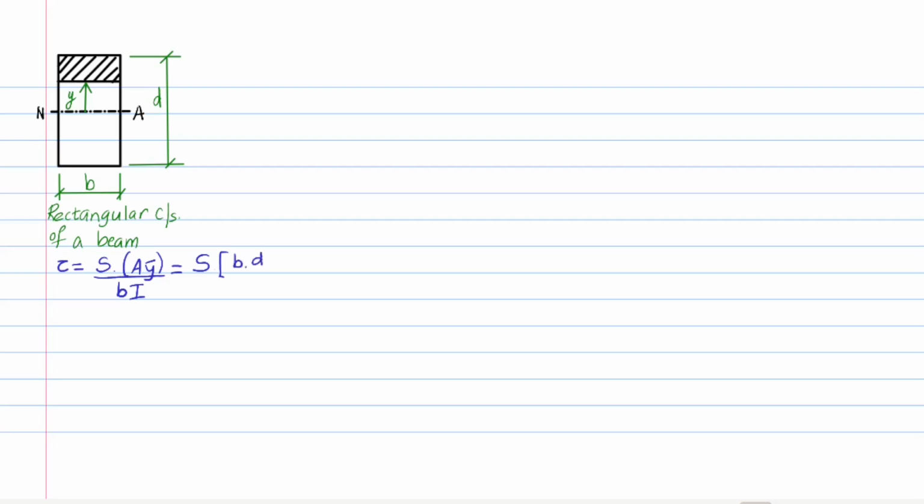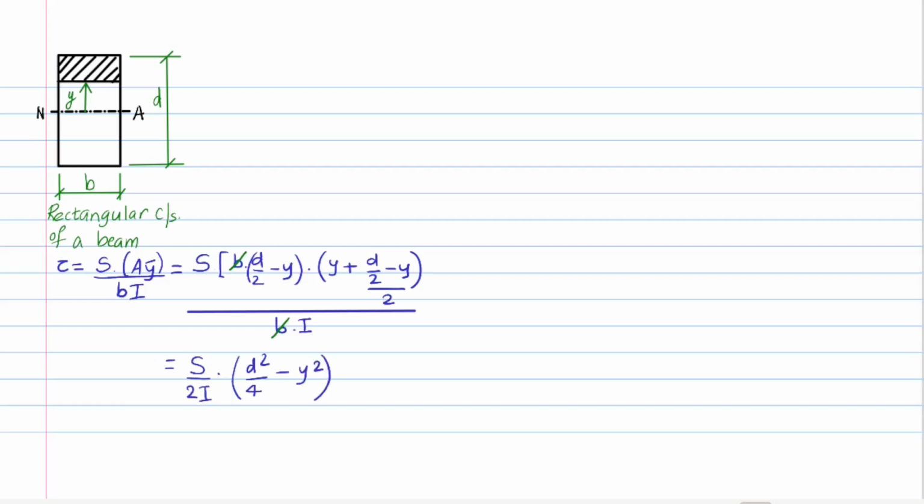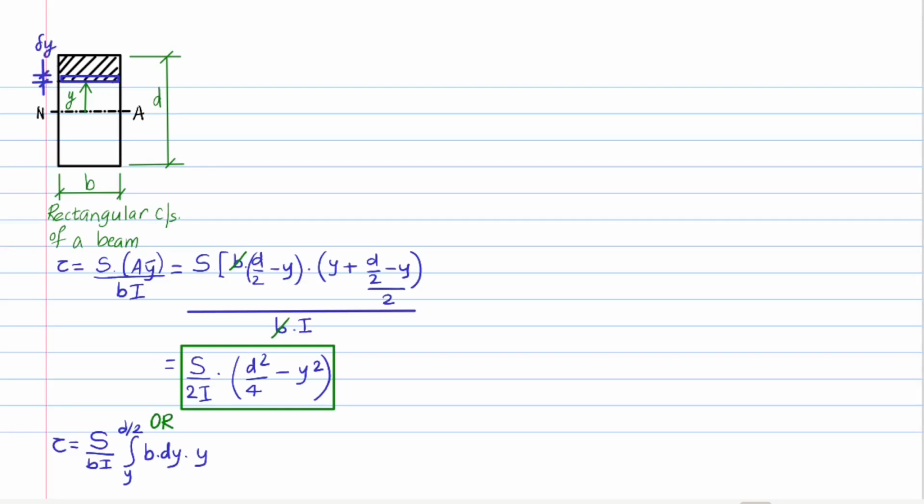This equation is simplified to get S over 2I times (d squared over 4 minus y squared). This formula can also be derived using integration limits.